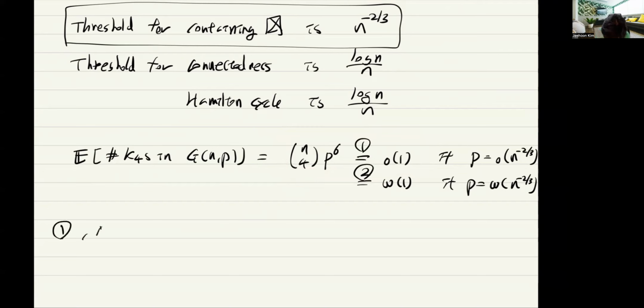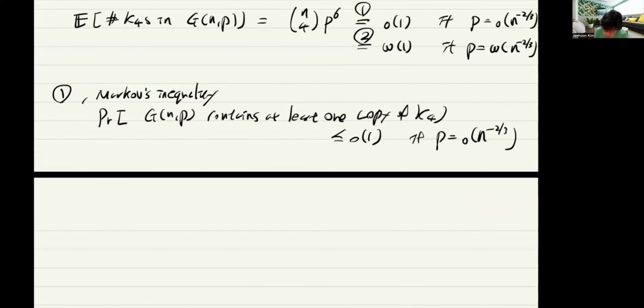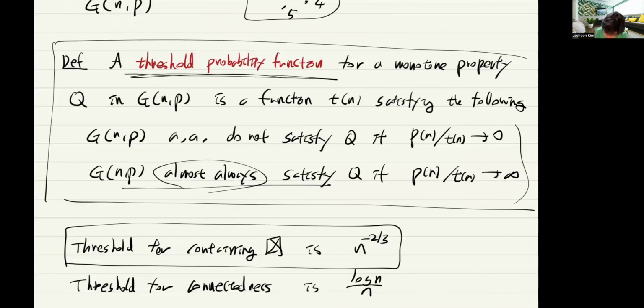From 1 and Markov's inequality, you directly get that the probability that G(n,p) contains at least one copy of K4 is o(1) if p is o(n to the negative 2 over 3). So that satisfies the first property.